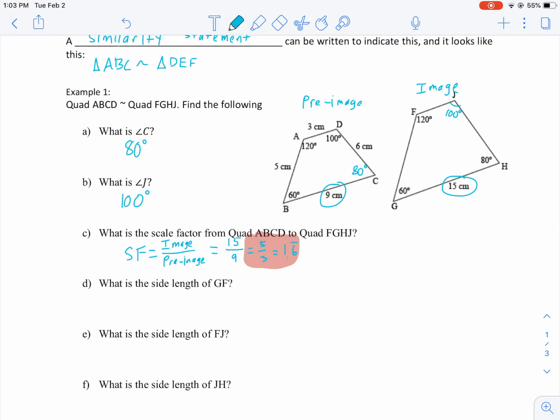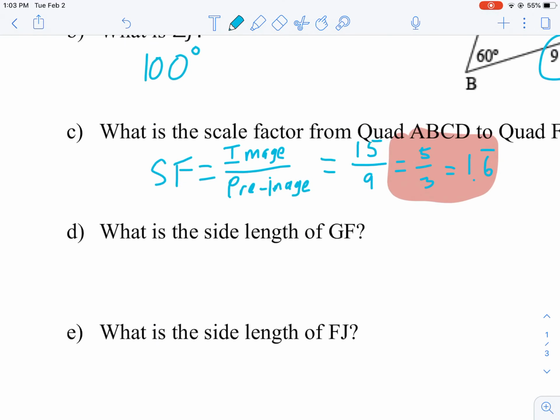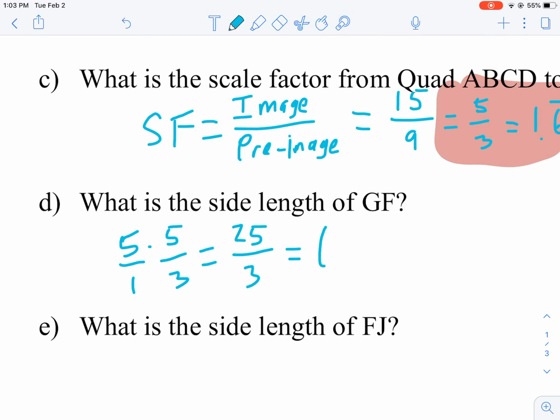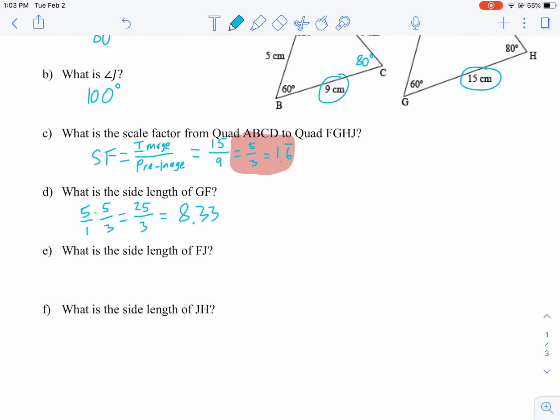So if our scale factor is 5/3, we need to multiply 5 times 5/3. Now you can use your calculator, but we know with fractions you multiply straight across, so 5 times 5 is 25, divided by 3. So this is going to be 8.33. Okay, so that'll be the side length of GF.